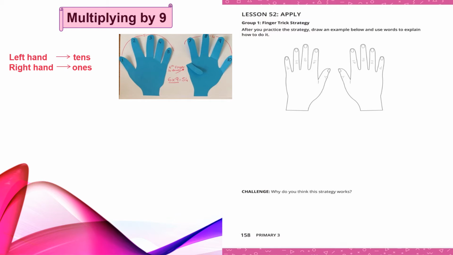So here I have 5 on the left side, it means 5 in tens, and 4 on the right side, it means 4 in ones. So, the number of 5 in tens and 4 in ones is 54.